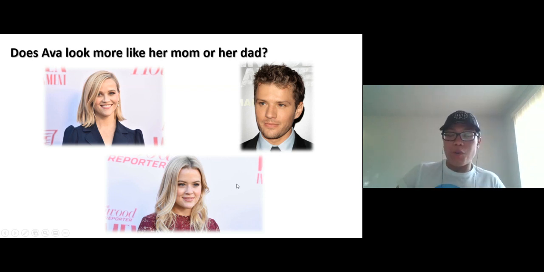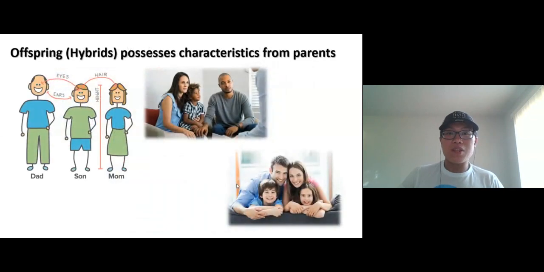I want to bring you to this. Who do you look like more, your mom or your dad? Well, we know that offspring or kids possess some characteristics from their parents. Maybe not the whole set, but at least you might have your eyes from your mom, your hair from your dad, your ears, your nose, your body, maybe from one of your parents, right?